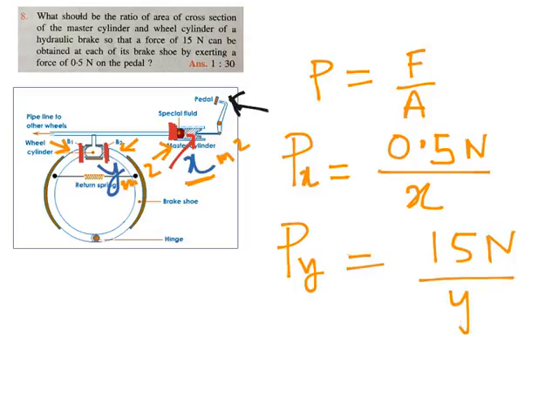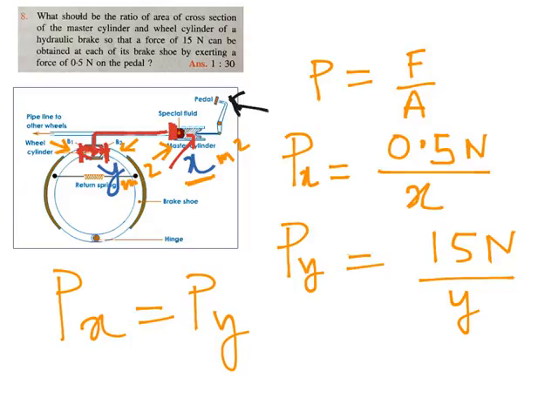According to Pascal's law, Px is equal to Py, because pressure is transmitted equally through this red fluid, hitting out here and hitting out there. That's how it works. It's totally equal. There is no diminishing, there is no change in pressure.